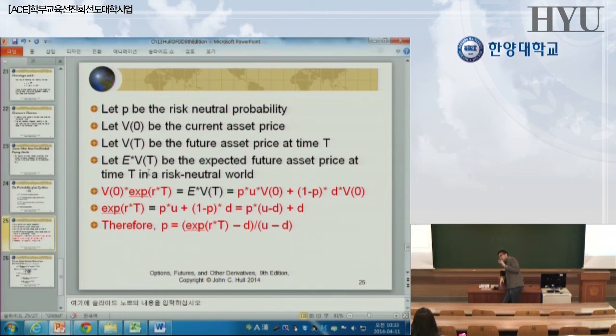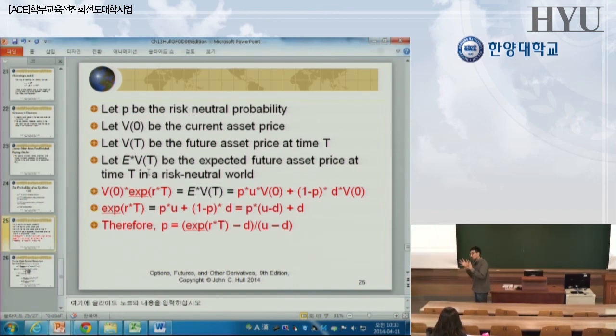So again, if there is a dividend now, the sum of that dividend flow plus the capital gain, the price change, should be equal to the risk-free rate.